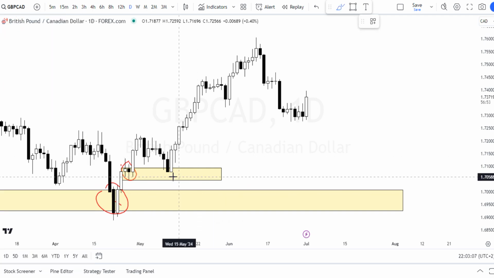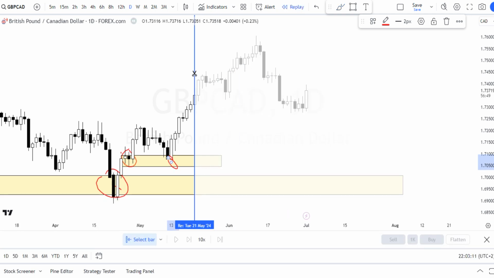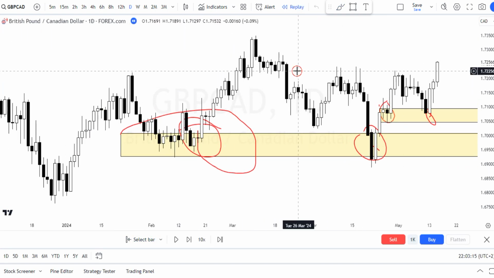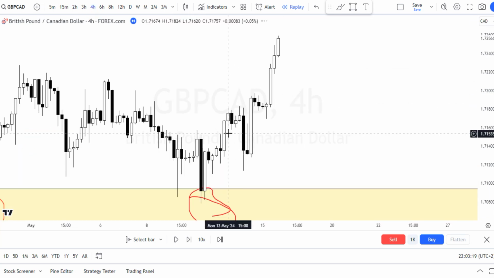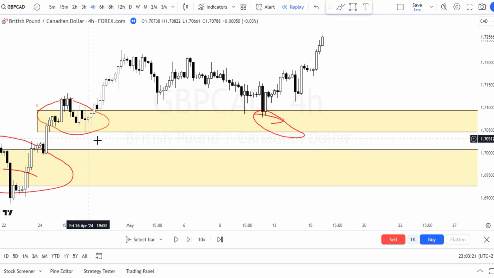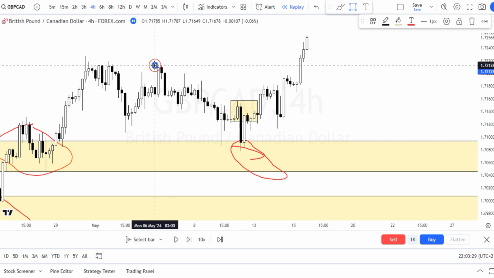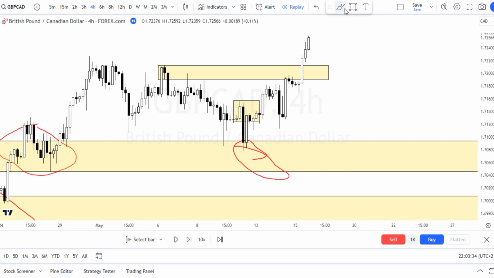Now if you go to the 4 hour chart, of course we are in a buying mood, so we want to buy. Now if you want to trade selling order blocks, let's say this one here, of course it worked, but it is low probability.